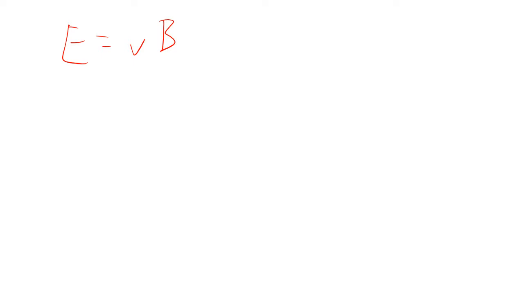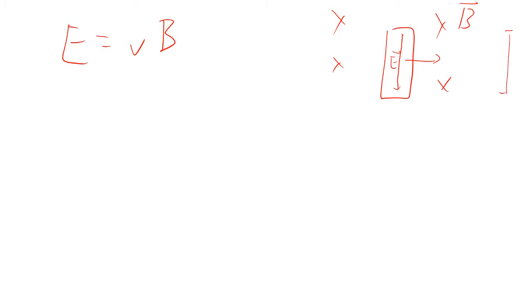Well, that's interesting, because inside this object that's moving in the magnetic field, we now have an electric field like that, and we said the height of this thing was some distance L.